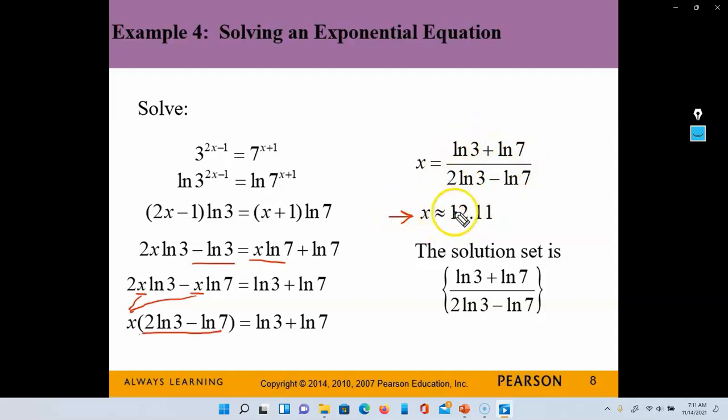That would be a value of x. But again, the exact answer is this. So pause, look it over, and see if in fact you can follow a somewhat rather complicated exponential equation that we're solving by using logs.